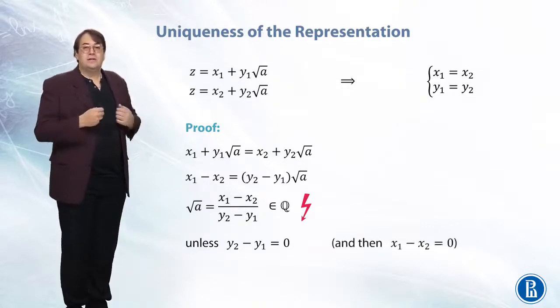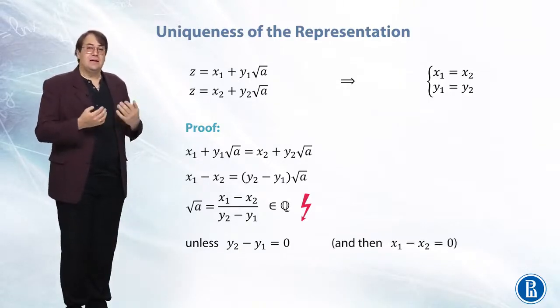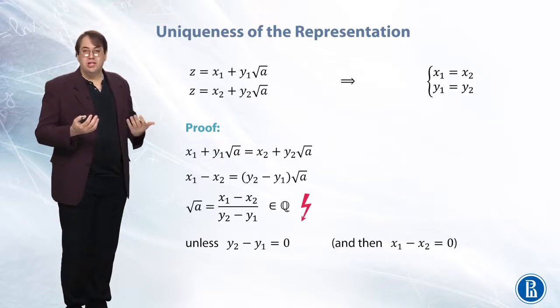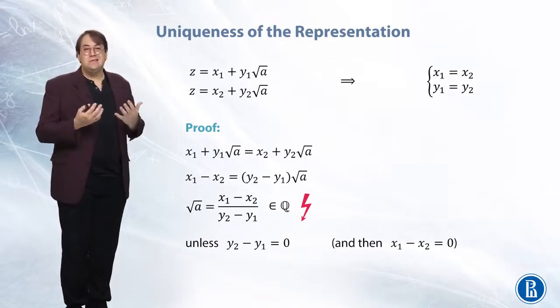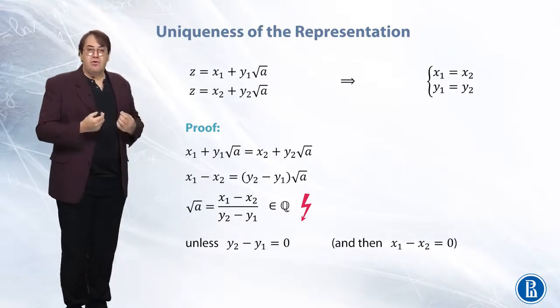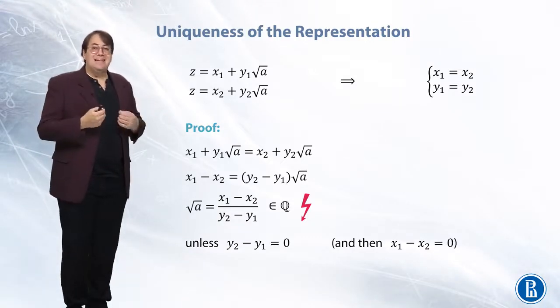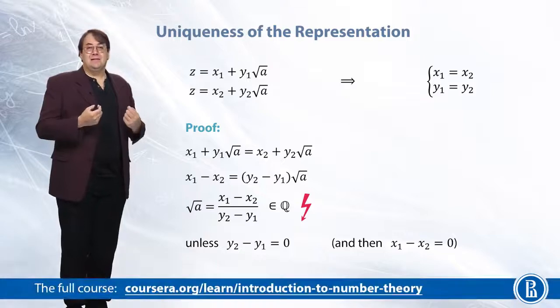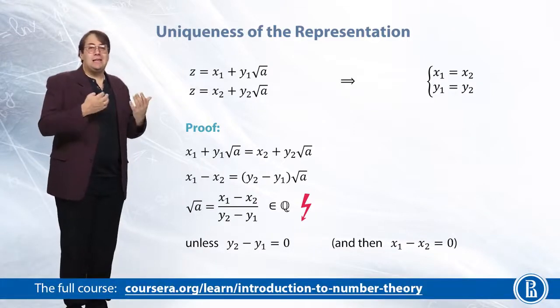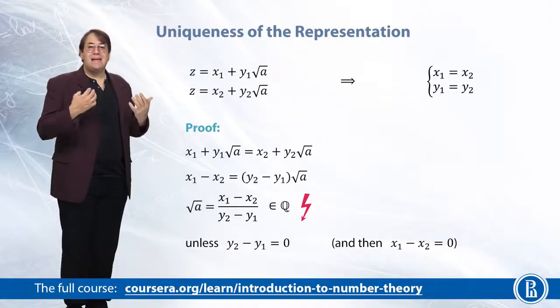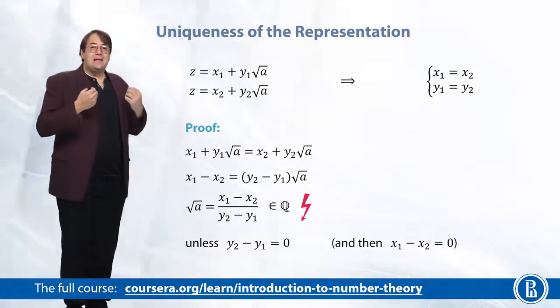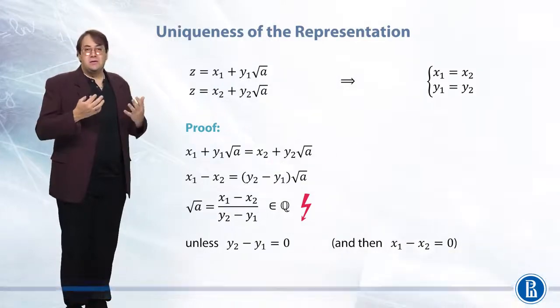And of course, in this case, x's are also equal to each other. So this finishes the proof of the uniqueness of the representation. Every number that can be represented as integer plus integer multiplied by square root of a can be represented in this way, the unique way.